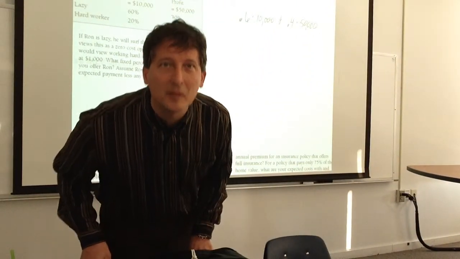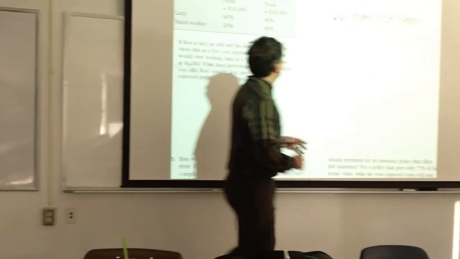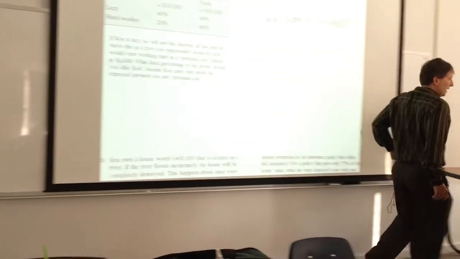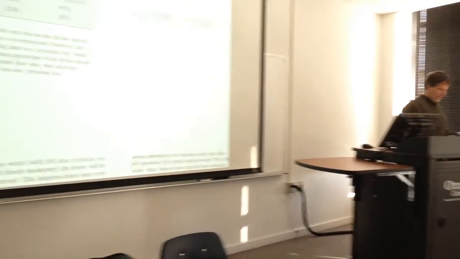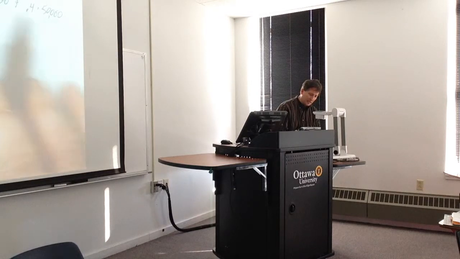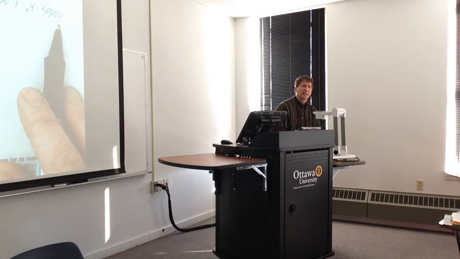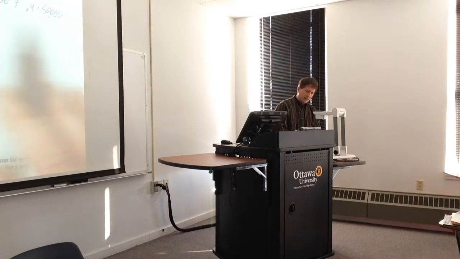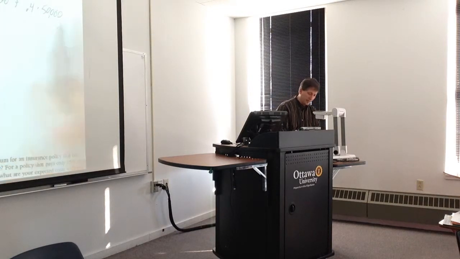Let's see if this thing's coming up on screen or not. So we can add that P right into this equation if we're thinking about now, instead of the company's profits, which is how we're characterizing it here, if we're thinking about Ron getting a fraction of it. So that's where that P sneaks in.